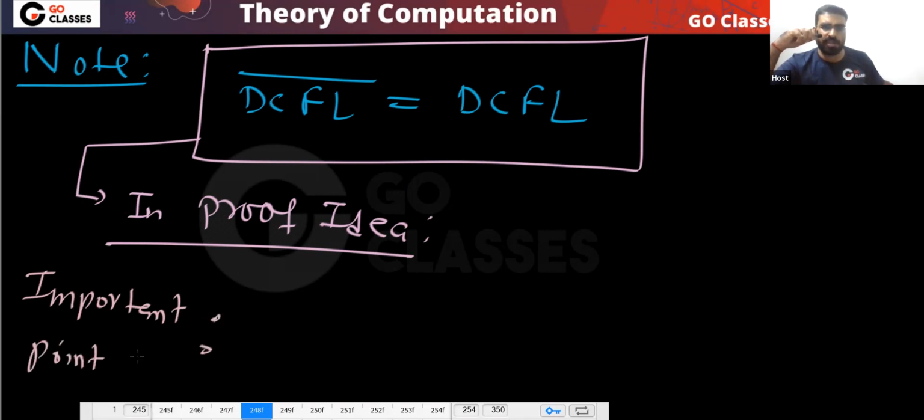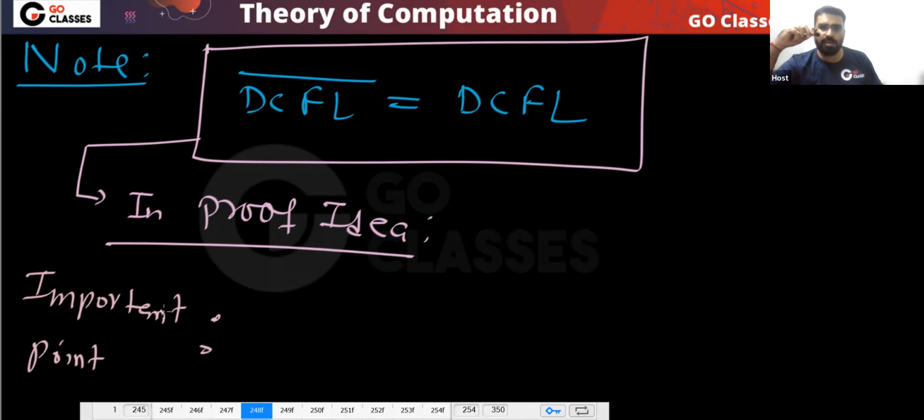The important point was this: for every DPDA, you can create another DPDA which will always read the string. I am talking about DCFL complement. Nikhil, from where are you getting the non-determinism? I am talking about DCFL complement. In the proof, what was the important point?